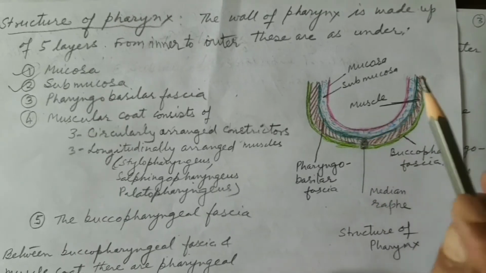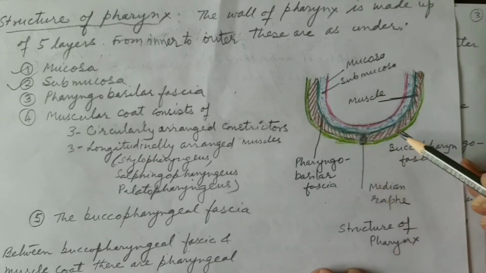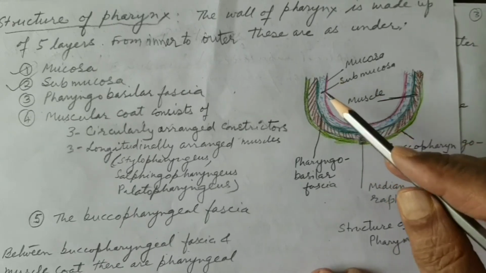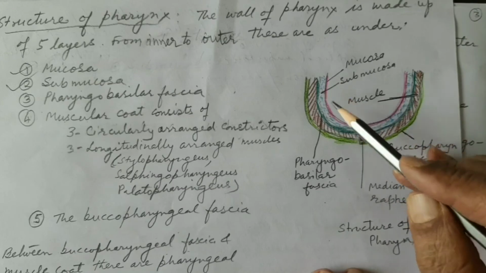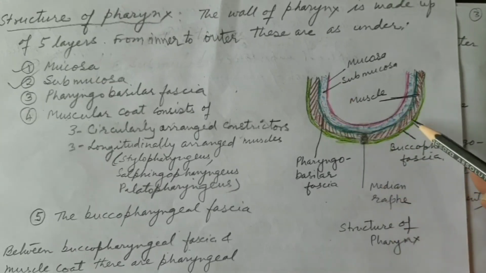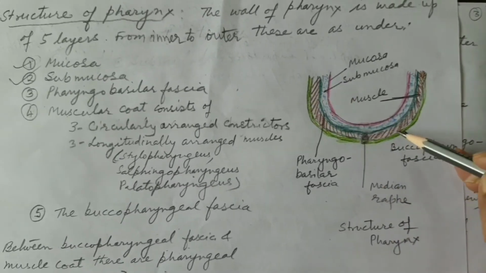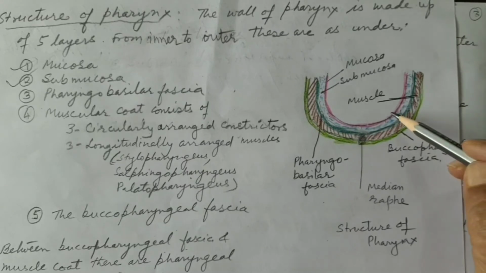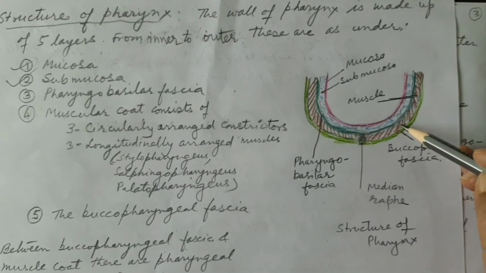The fourth layer is a muscle layer. All the muscle coat, longitudinal and circular muscle coat of the pharynx, are in the fourth layer, from inner to the outer. So these muscles are deep to the pharyngobasilar fascia.